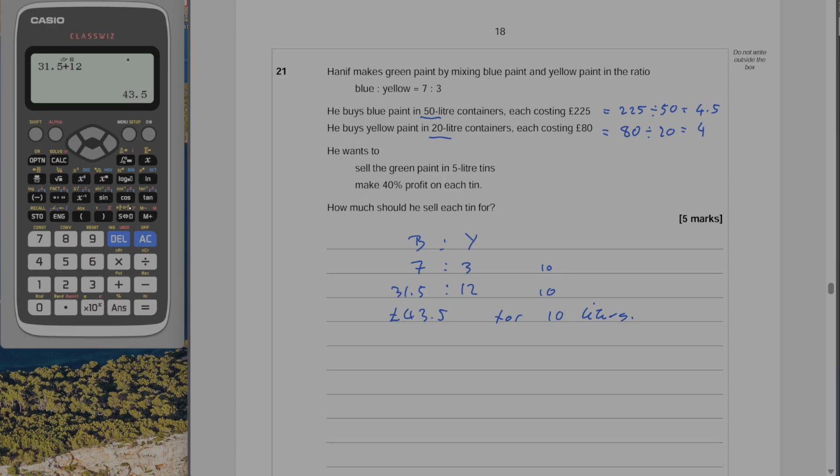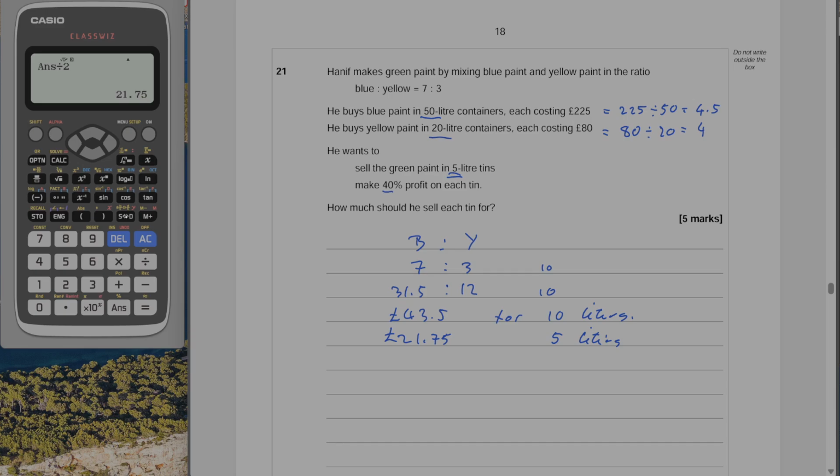For 5 litres, which is what we're going to be selling it for, the price of manufacturing is going to be divided by 2, £21.75. So that's the cheapest that he can make 5 litres.